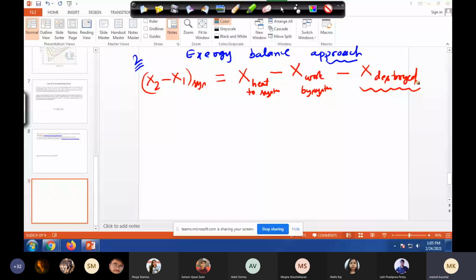Let's see. Since everything is per kg, you can say it's x2 minus x1. Doesn't matter, both are the same. This we have calculated already, if you remember. Or no, wait, this we have not calculated.